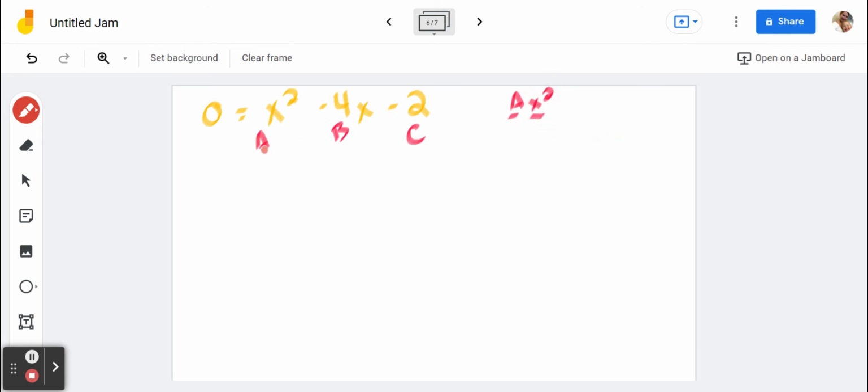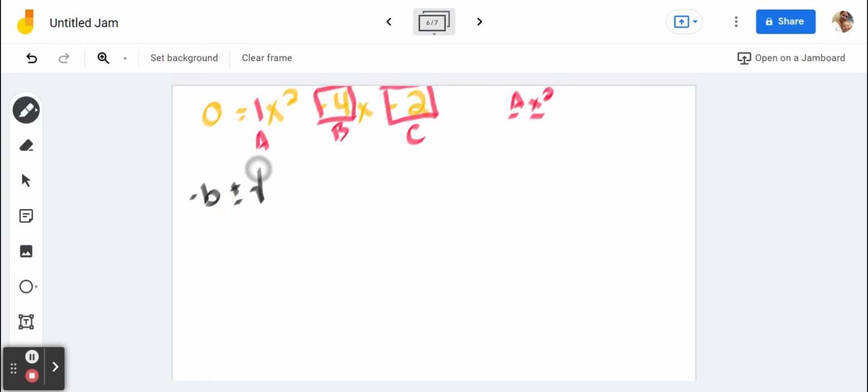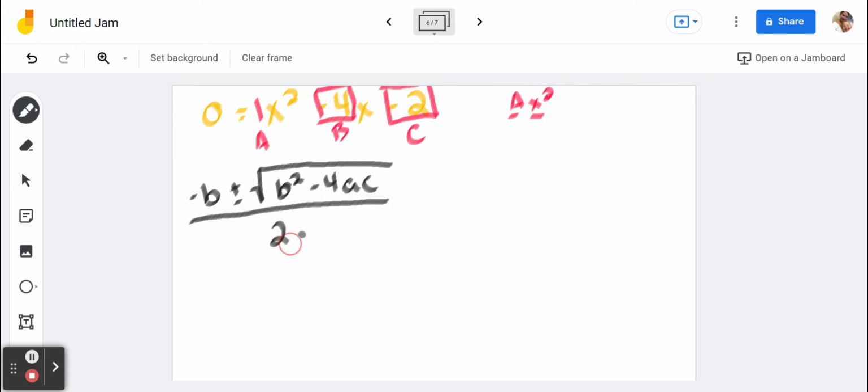So in this case, a is invisible or a ninja 1, b is negative 4, and c is negative 2. So here's our formula. This is negative b plus or minus the square root of b squared minus 4 times a times c, divided by 2a.